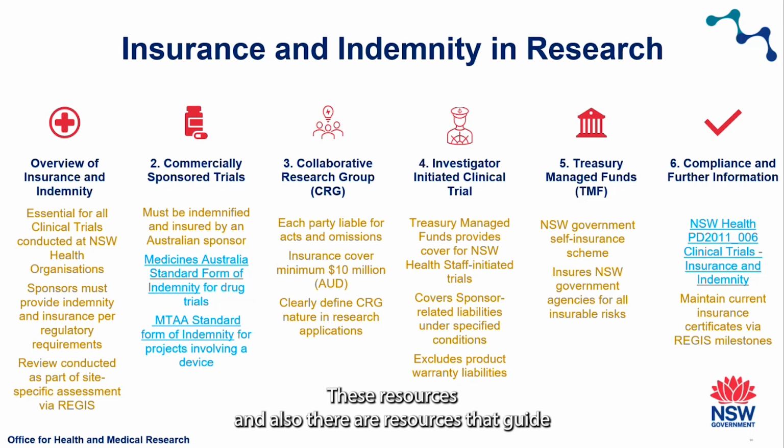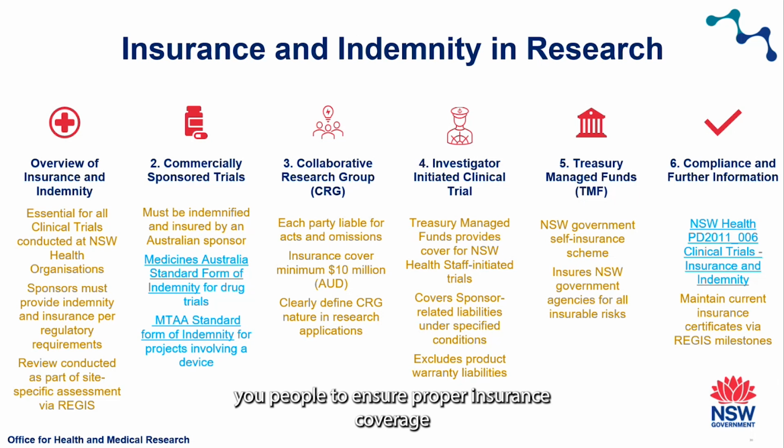And also there are resources that guide in achieving compliances. So this section comes in handy to ensure proper insurance coverage and indemnity arrangements are in place for all your research projects, ensuring financial and legal protection throughout the research process.